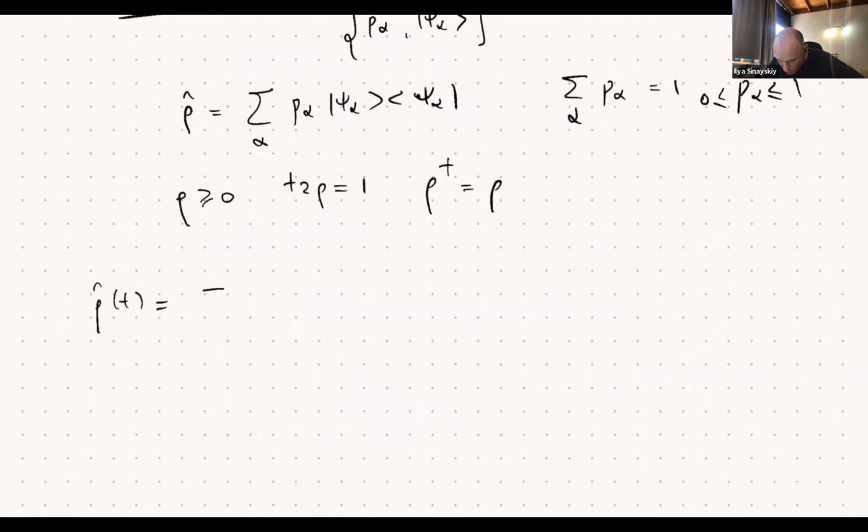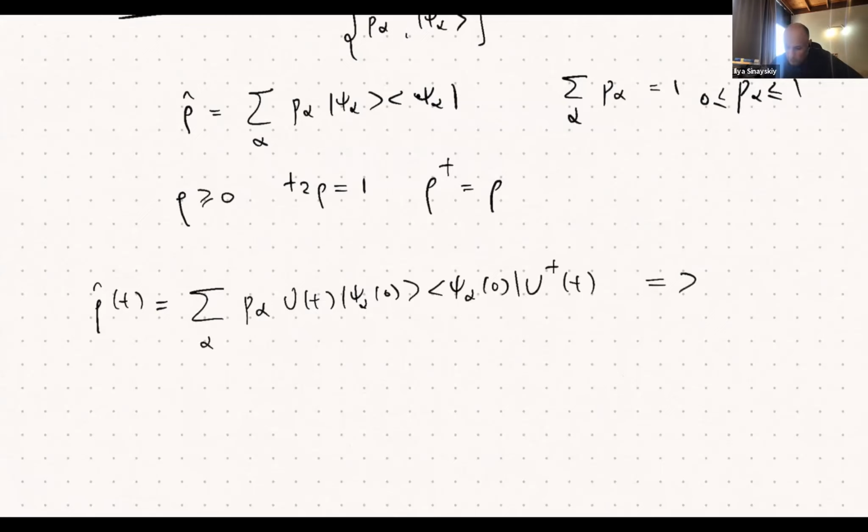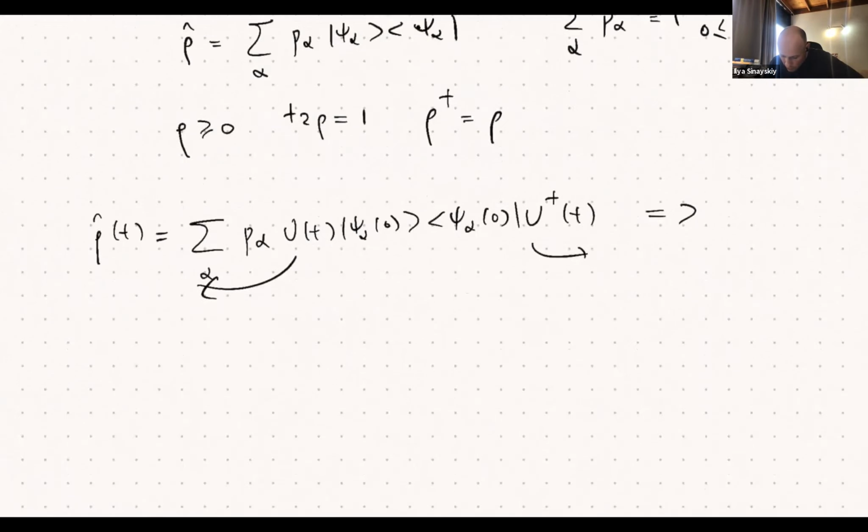So rho of t will be the sum over alpha of p alpha, U of t psi alpha 0 on psi alpha 0 on U dagger of t. And of course, we can take the U's outside of the sum, and we get the generic expression U rho 0 U dagger.